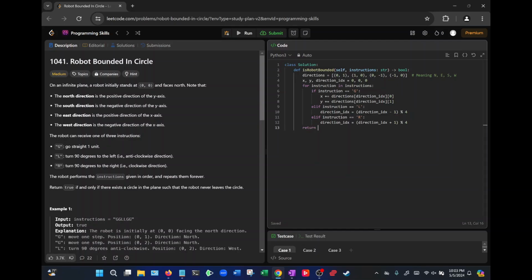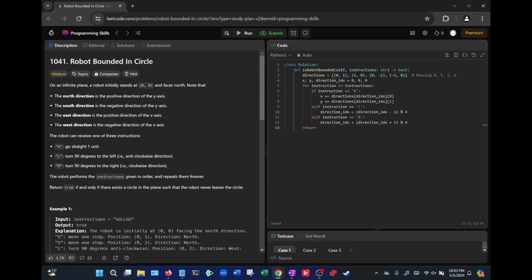Then we return. Okay, so remember, we want to return true if there exists a circle such that the robot never leaves the circle. We know that the robot goes off to infinity under what conditions?